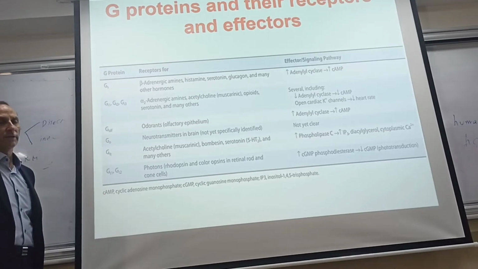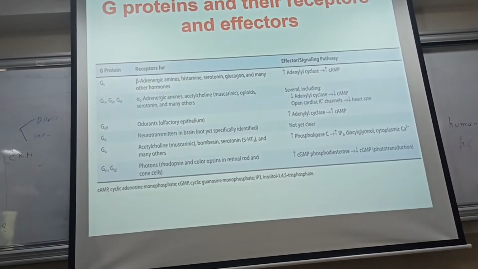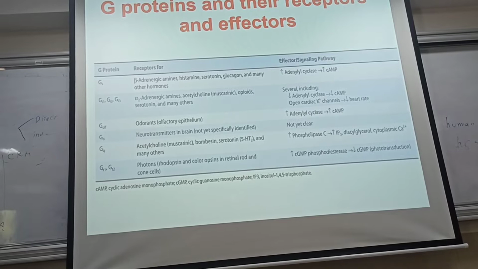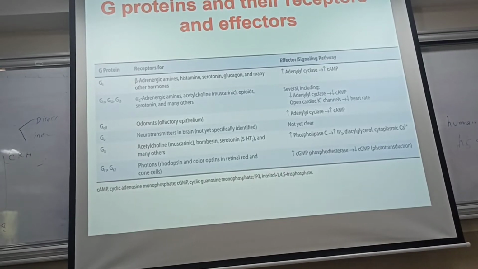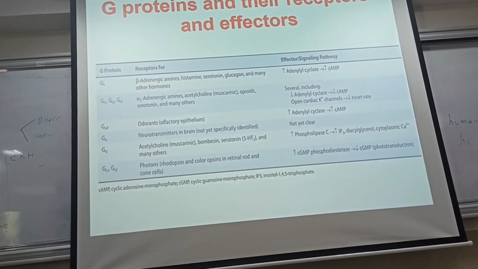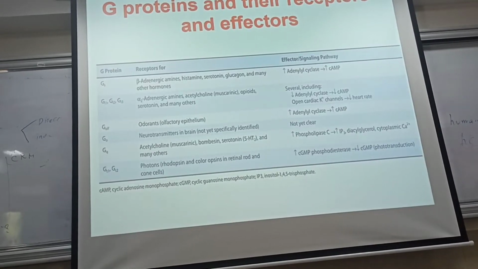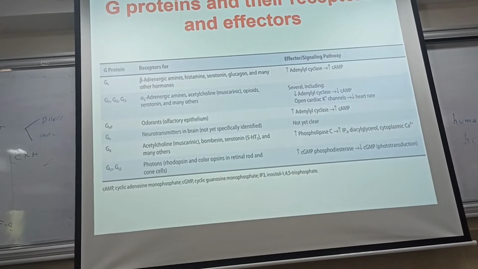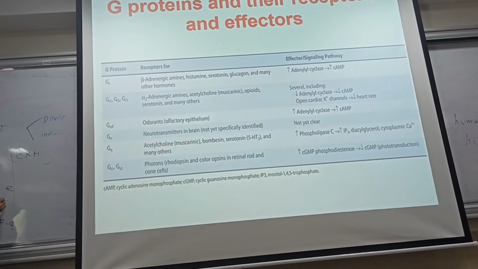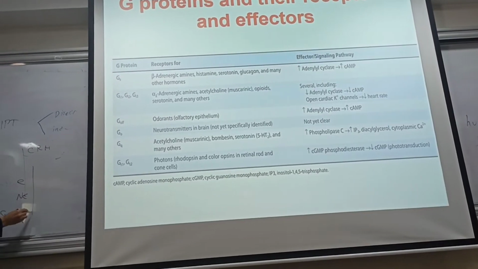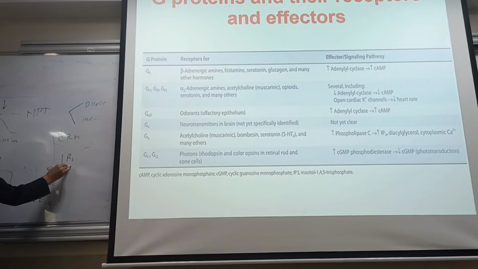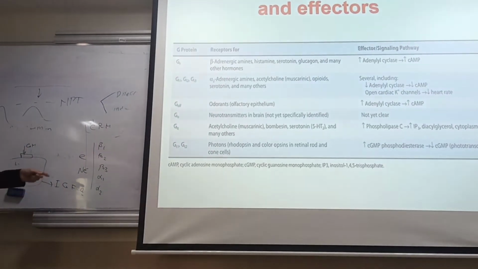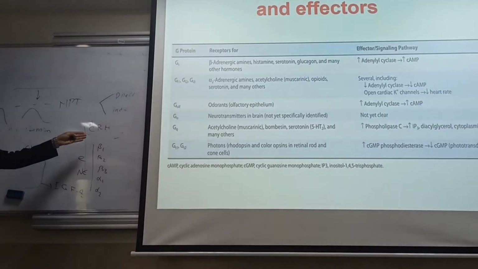Sometimes we have Gi, and I is inhibitory. So if a receptor is coupled with Gi, then we have inhibition of adenylyl cyclase, and the concentration of cAMP is decreased. For epinephrine and norepinephrine, we have different types of receptors: beta-1, beta-2, beta-3, alpha-1, alpha-2. Epinephrine can stimulate all these receptors.